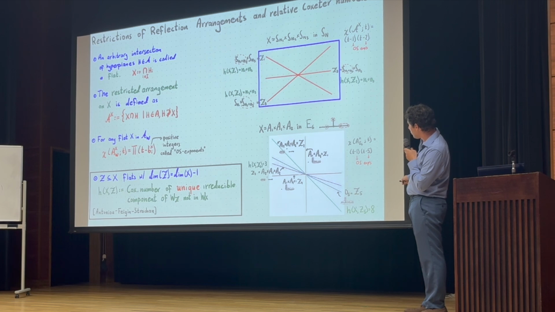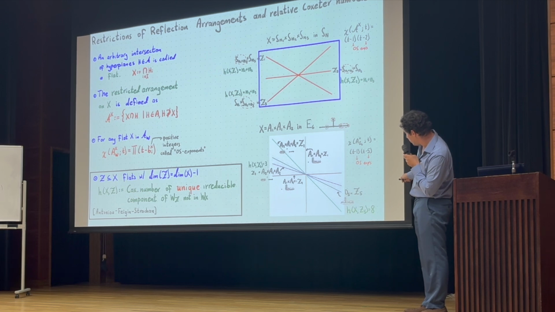So this horizontal flat is a flat of type A1 cross A4. In this particular flat, it is 6. So this has 4 simples that we took the intersections of to get the 2-dimensional flat. And here I'm adding another one, and I get this component, and this one really was isolated.